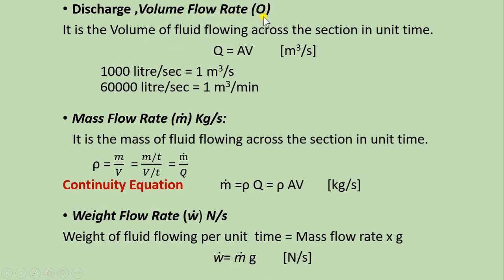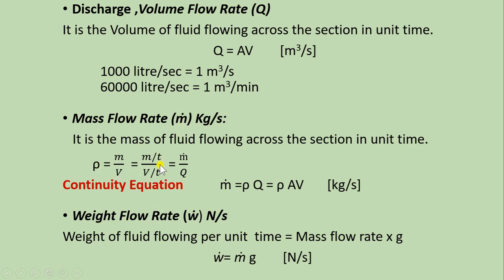Volume flow rate, that is discharge, Q is equal to AV, unit, relation between unit of liter per second and meter cube per second. Then mass flow rate, that is m dot in kg per second. We can obtain mass flow rate formula by using density.